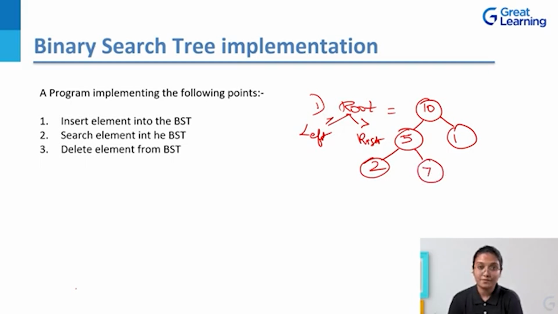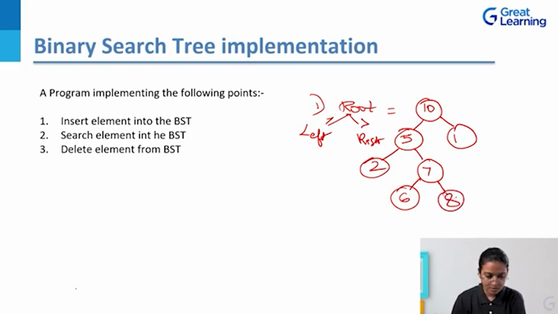Again, if you take 7 into consideration as a root node, anything towards the left side will have the lesser value, you can keep it as 6. Anything towards the right side will have the greater value, you can keep it as 8. So this is how a BST will work. This is a simple example of a binary search tree.